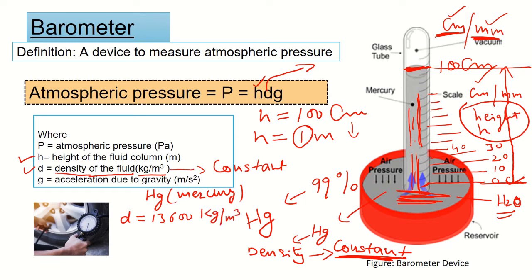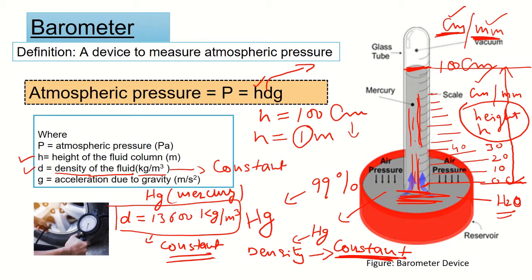This number for the density is constant, so in the examination this number will be given to you. You have to always use 13,600 kilogram per meter cube if mercury is used.